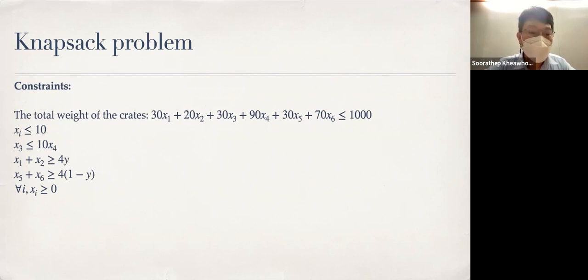You may have a question, what if x4 is 2? No problem. If x4 is 2, from this constraint x3 is less than or equal to 20. It's okay because the above constraint already defined that x3 must be less than or equal to 10.